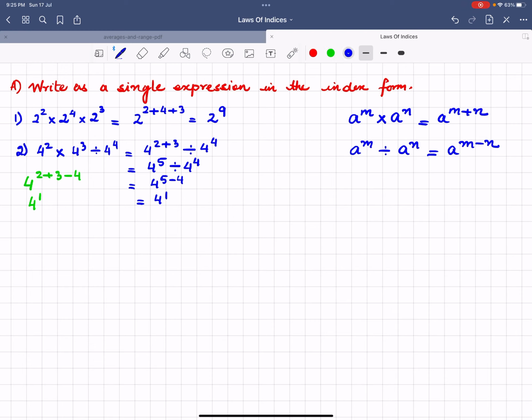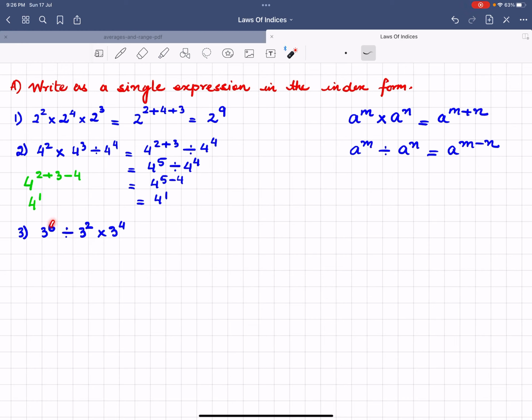Moving on, we have the next question, question number 3. 3 to the power of 6 divided by 3 to the power of 2 multiplied by 3 to the power of 4. So the first two bases are divided.